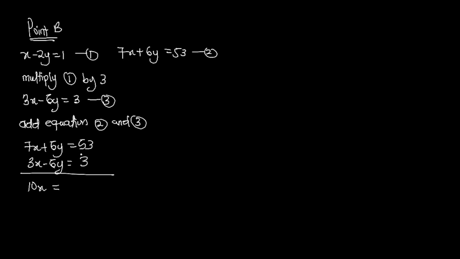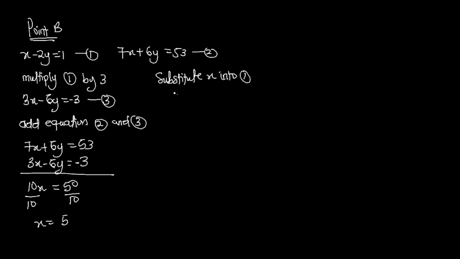Sorry, this is supposed to be minus 3 over here. So 53 minus 3 will give me 50. So I divide both sides by 10. Then my x will give me a value of 5. If I substitute the value of x into any of the equations, let's say equation 1.